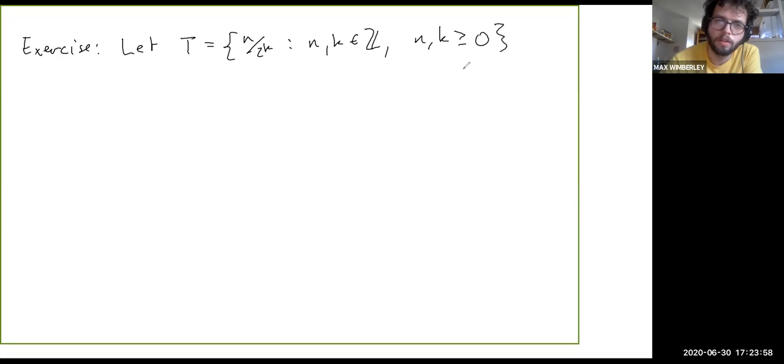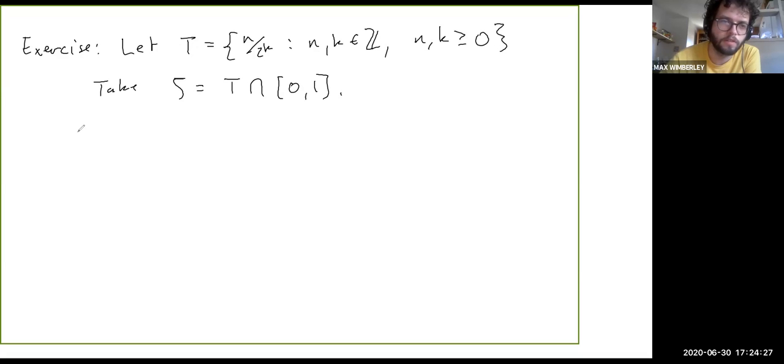So this is all non-negative integers divided by integer powers of 2. And then take S equals T intersect [0, 1].